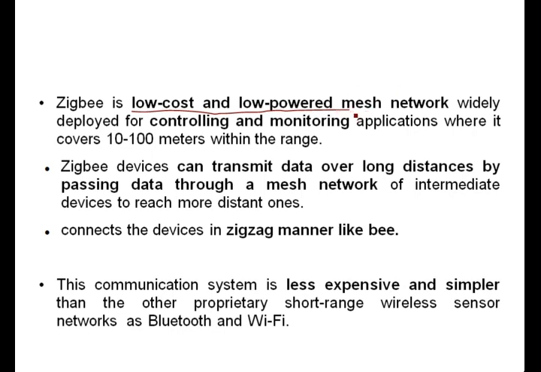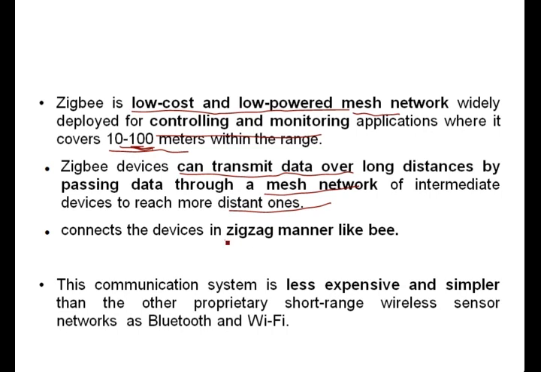It is a low powered mesh network widely deployed for controlling and monitoring applications, and the range is 10 to 100 meters. These devices can transmit data over long distances by passing data through a mesh network. So if you want a range of more than 100 meters, you need a mesh network. You already know the importance of mesh networks; in a mesh network you can transfer data over longer distances.